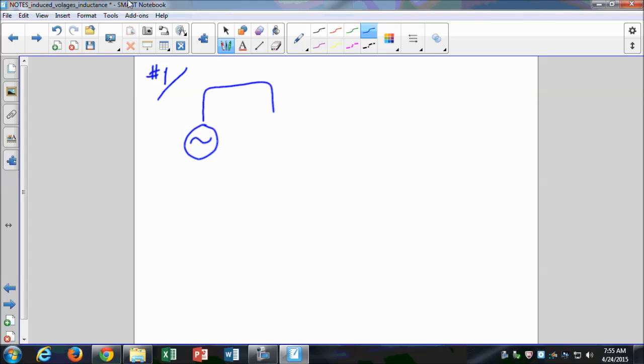I have a resistor, and that's it. This is my EMF. It's driving an EMF in that direction. I also know that this is my resistor R, and I have a voltage drop across this resistor, which I'll call VR.